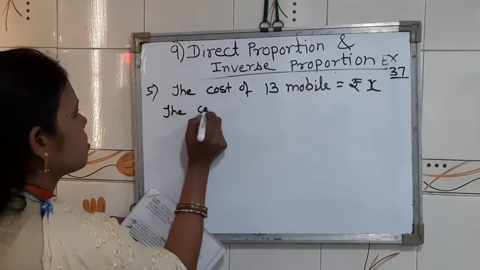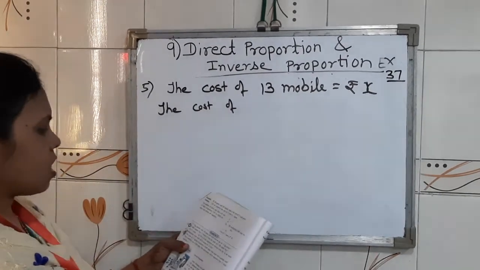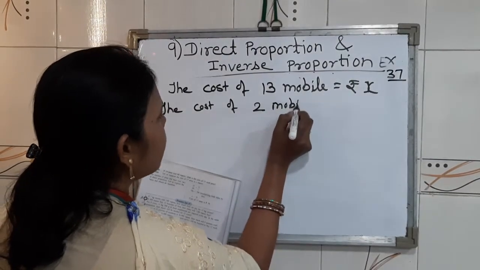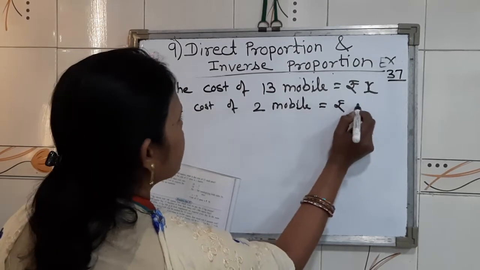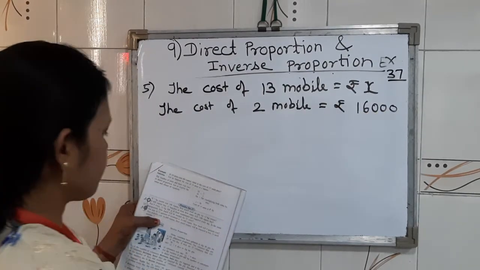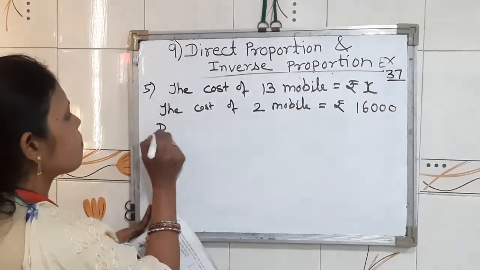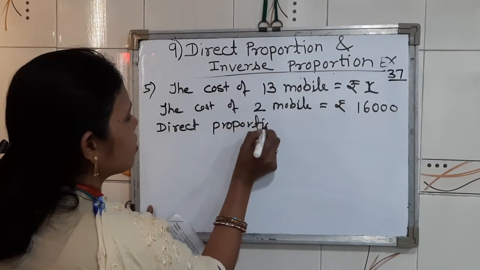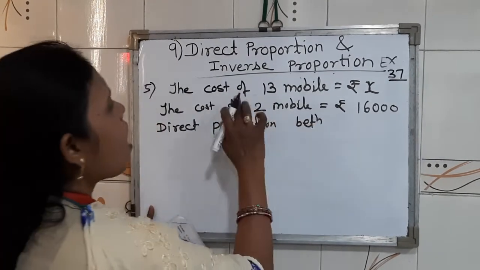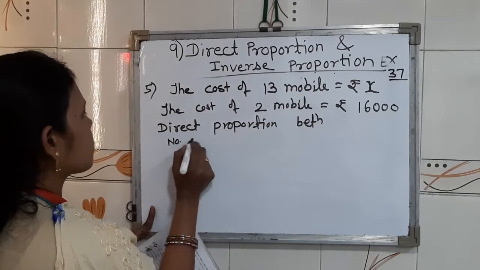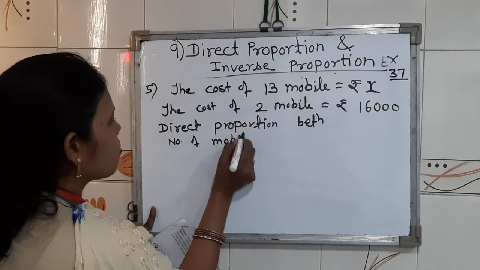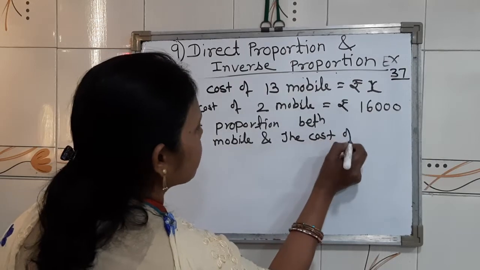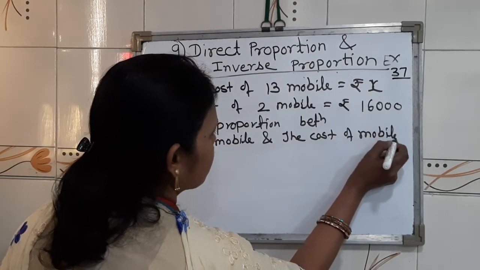The cost of 2 mobiles is given, rupees 16,000. So children, here is direct proportion between the number of mobiles and the cost of mobiles.